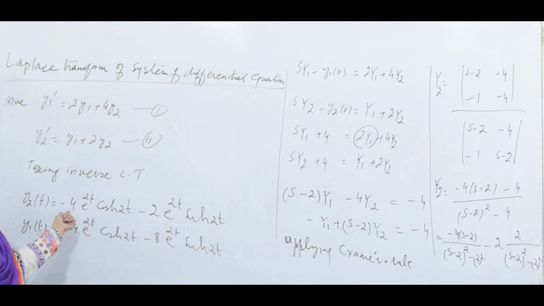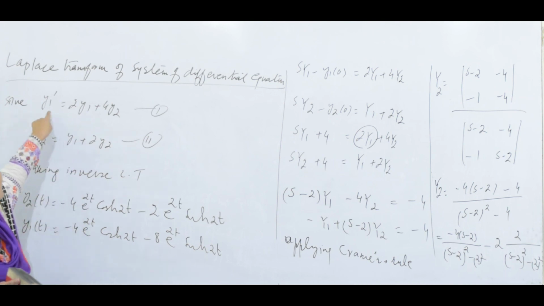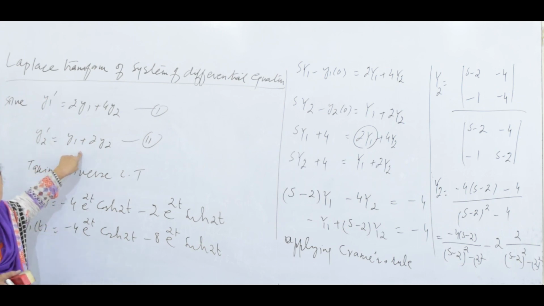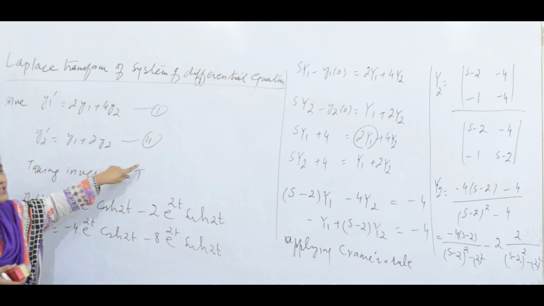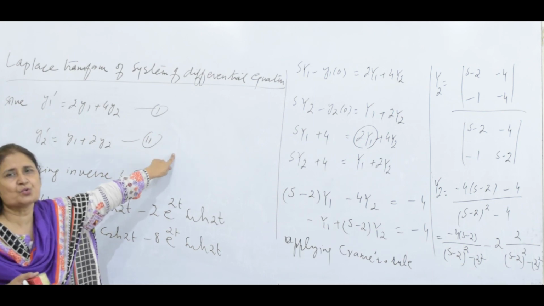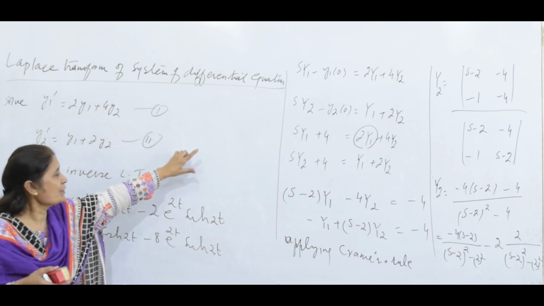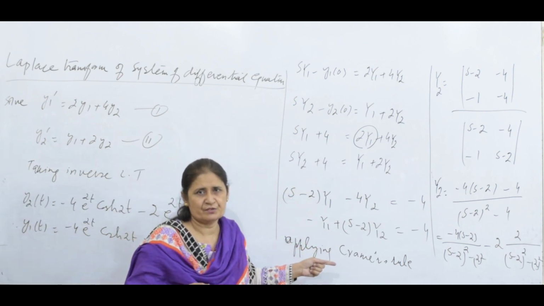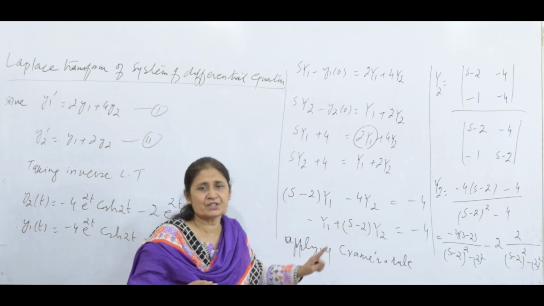If one of the variables, y1 or y2, is small, then before applying Cramer's rule you can take the derivative, put it there, and get the answer. Similarly, if you have a system of 3 equations with 3 unknowns where the 3 conditions are given, y1(0) is something, y2(0) is something, y3(0) is something, you simplify by taking the Laplace transform. Here you will have 3 equations in capital Y1, Y2 and Y3.